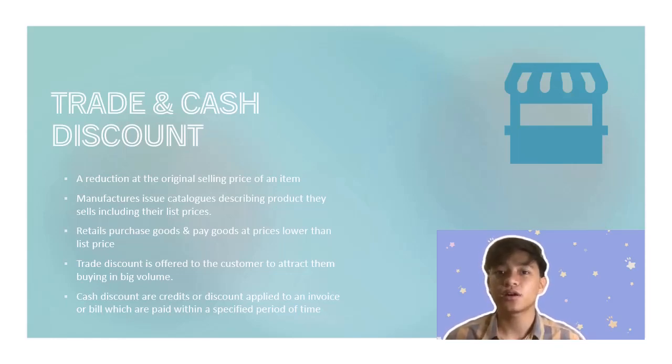Fourthly, a trade discount is offered to customers to attract them to buy a big volume. And lastly, a cash discount is a credit or discount applied to an invoice or bill which is paid within a specific period of time.